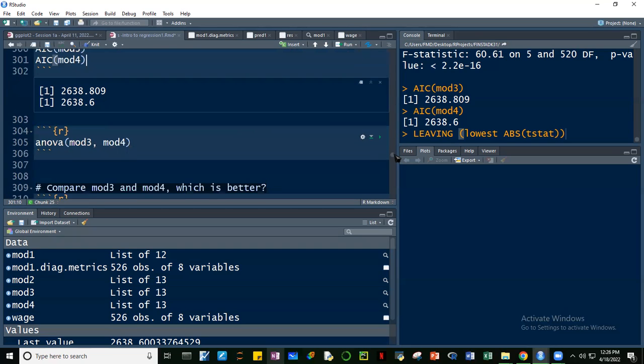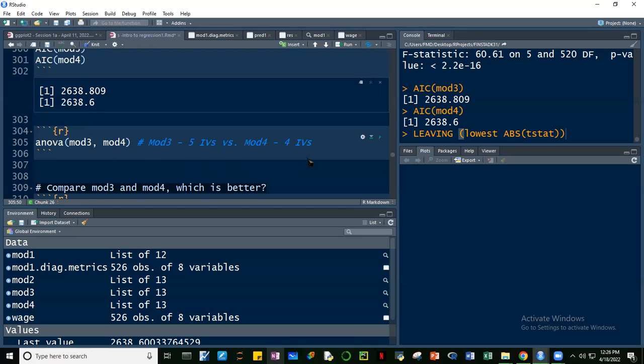And then how about ANOVA? Check natin si ANOVA. Remember si model number 3, guys, has 5 predictors. Model number 4 has only 4 predictors. Okay?